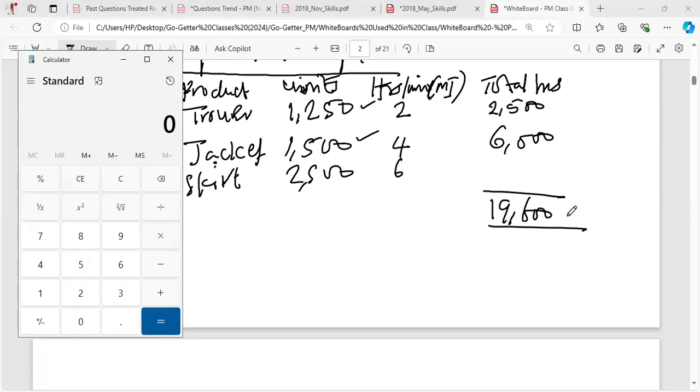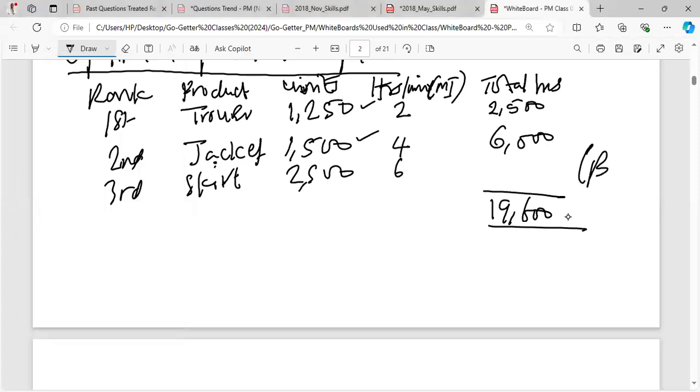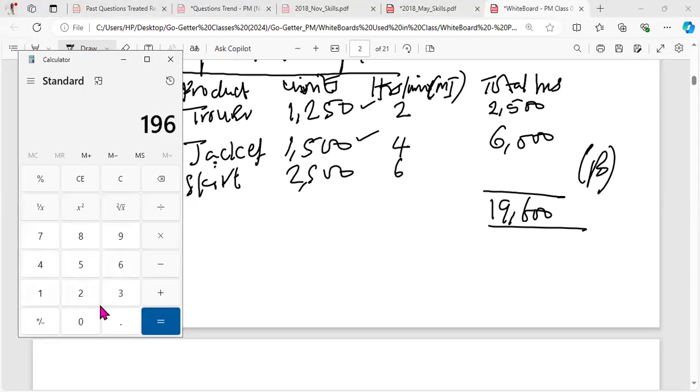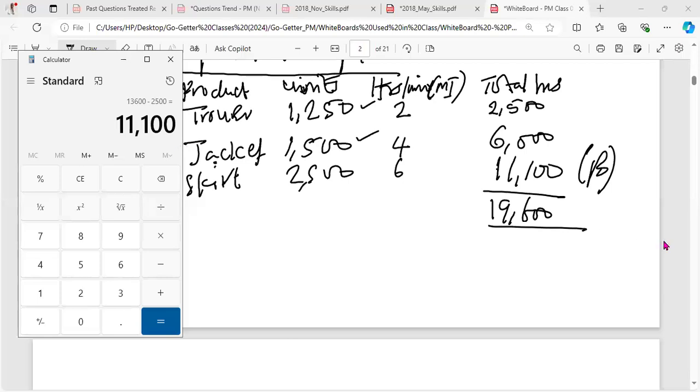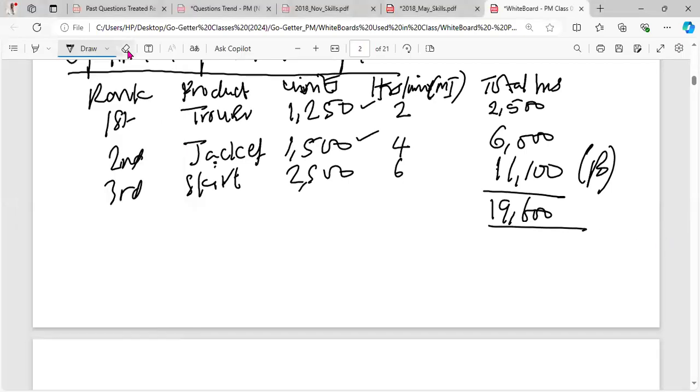What we need to do is to find a balancing figure. That's the sign for balancing figure. I'll simply say 19,600 minus 6,000 minus 2,500. That means I can only do 11,100.